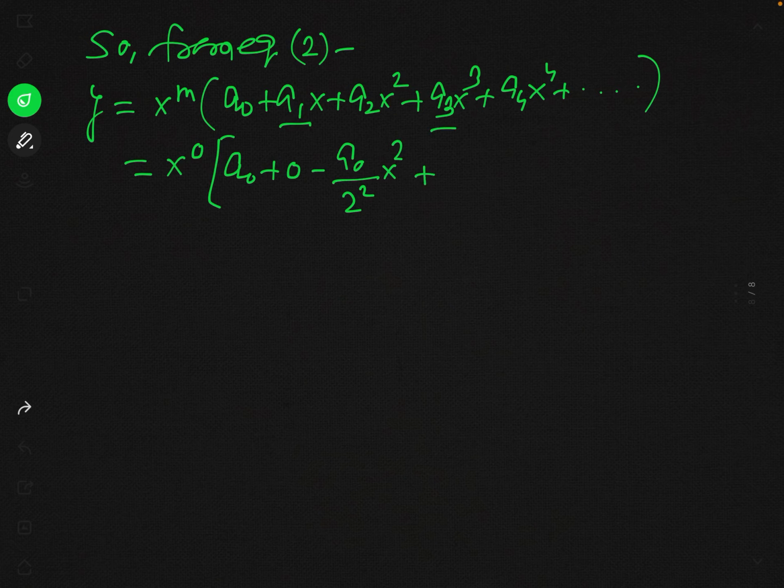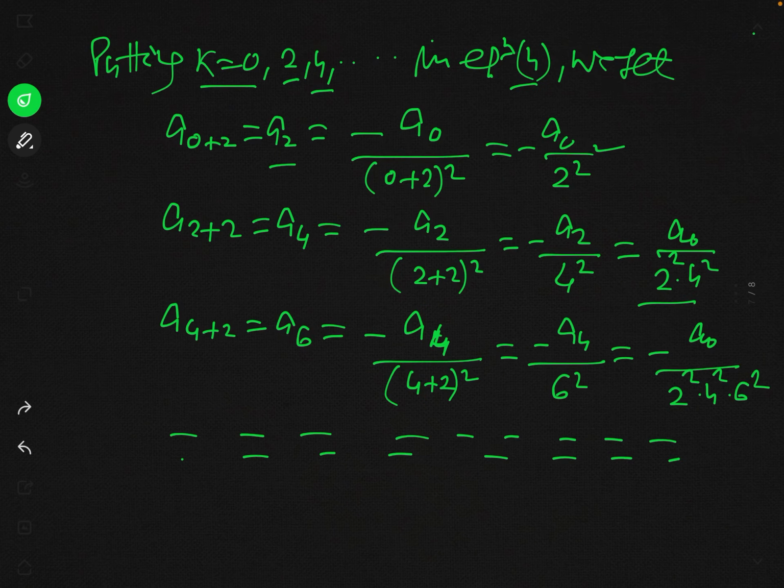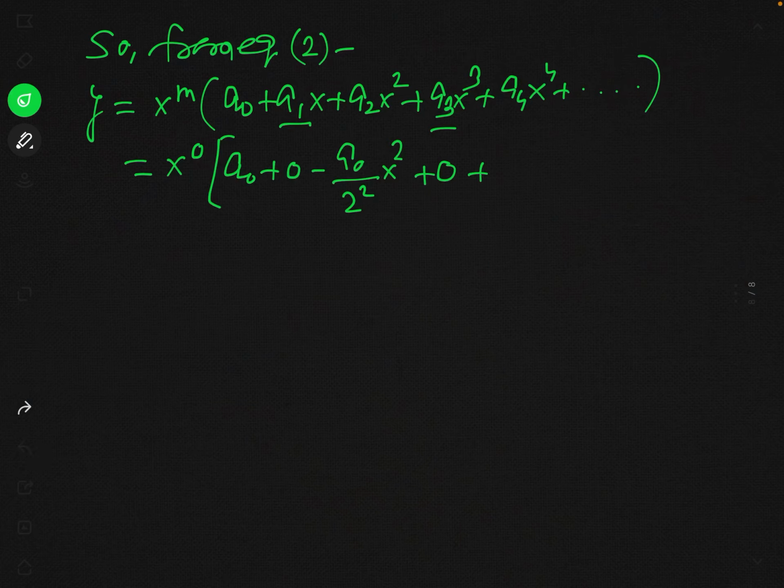And again you can see a3 is 0, so this term will be 0. And now see the value of a4. What is a4? You can see here a4 is equal to a naught over 2 square times 4 square. So this is a naught over 2 square into 4 square into x to the power 4, and minus so on.